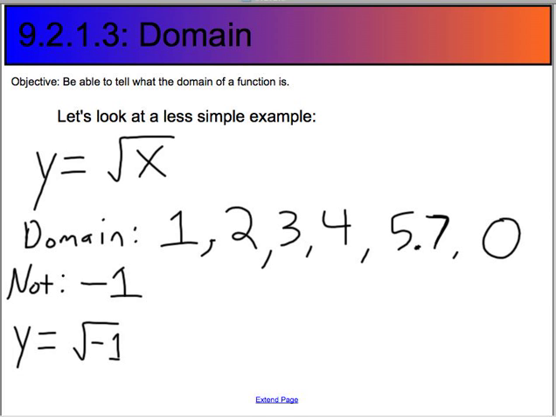And then we're asking ourselves, what number times itself gives me -1? There really is no number that makes that happen. There is no real number for which that is possible. So -1 is not in the domain.